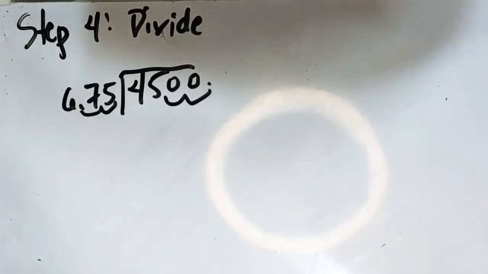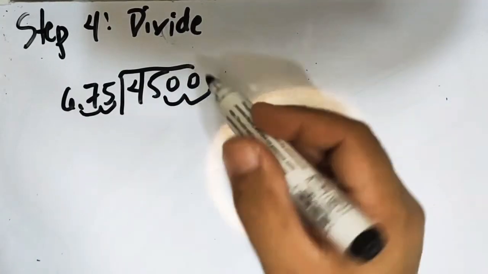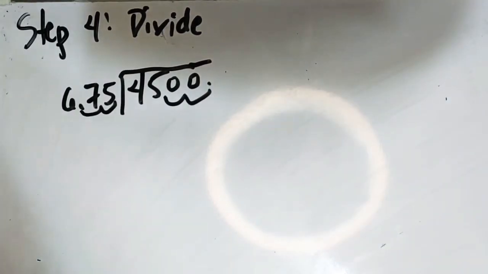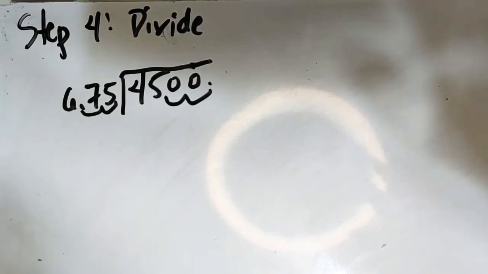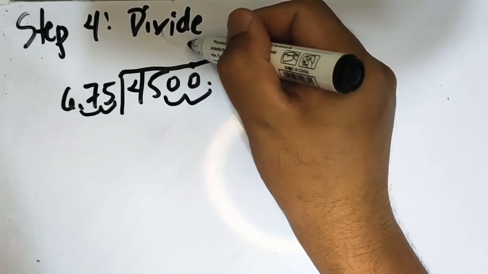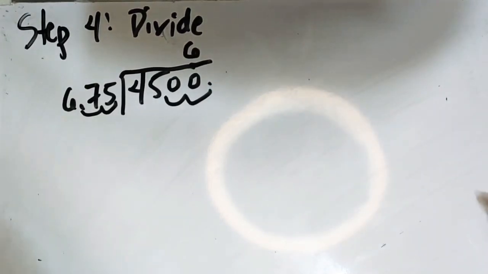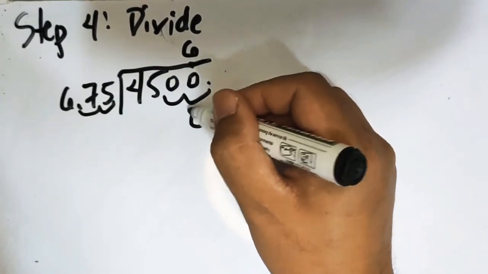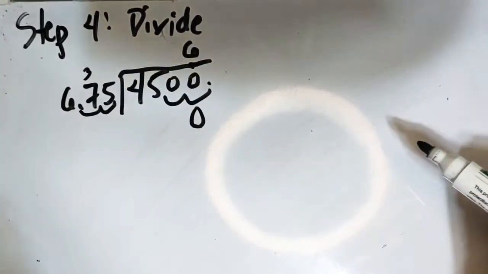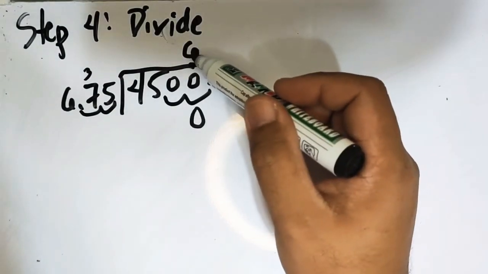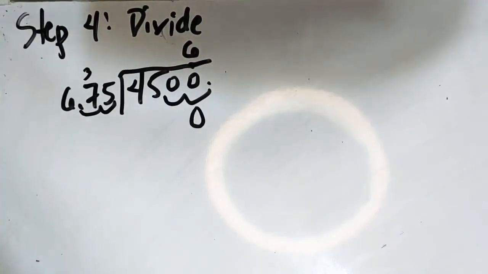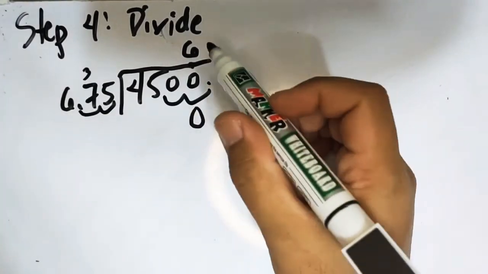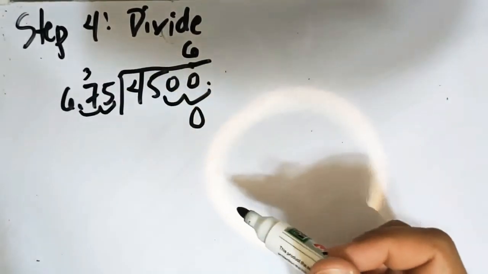Okay, so ngayon we have 4,500 divided by 675. So, we have 6. 6 times 5 is 30. So, carry 3. 6 times 7 is 42.